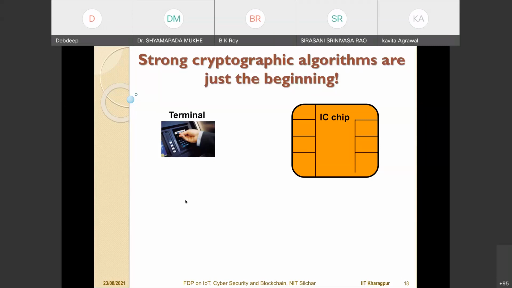You put it into some card accepting terminal and exchange the inputs and outputs. If you have a strong crypto algorithm, say RSA or elliptic curve, then while exchanging input and output you are pretty happy that the mathematics behind the algorithm ensures your secret key is not revealed.